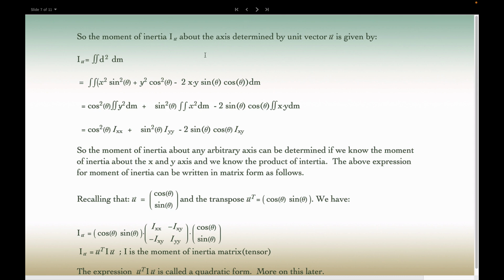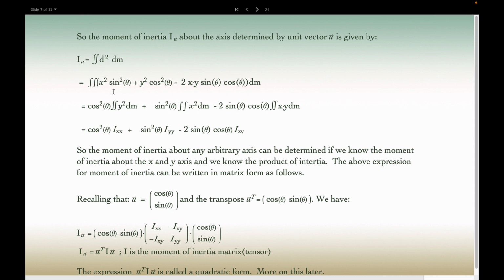So now, if instead we were trying to compute the moment of inertia about that axis defined by the vector u, we would take the distance squared for each mass, multiplied by dm, and add it up. So we're going to take that earlier expression we had for distance squared and insert it right here.